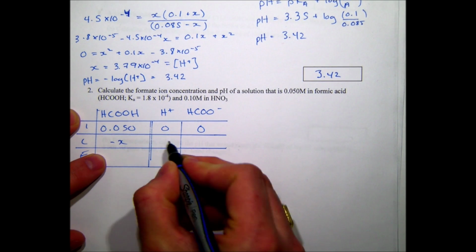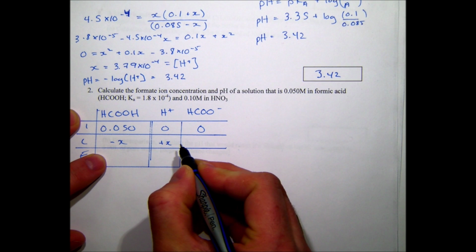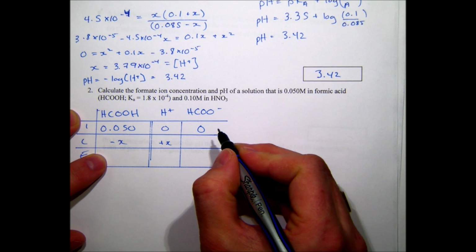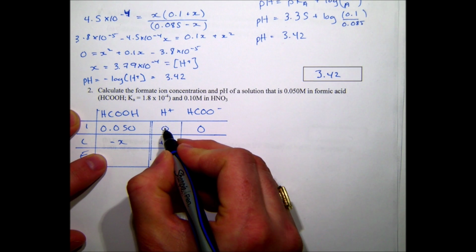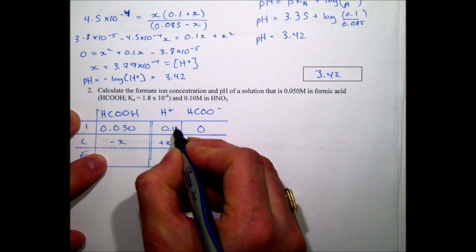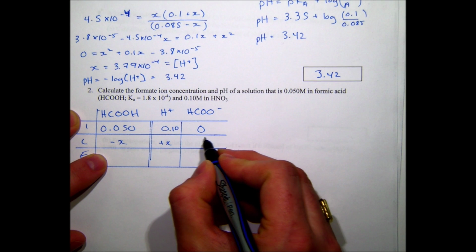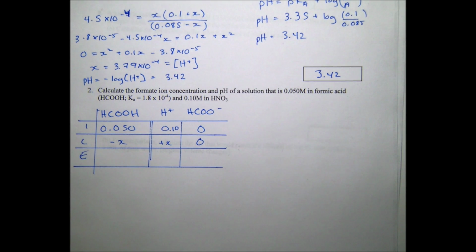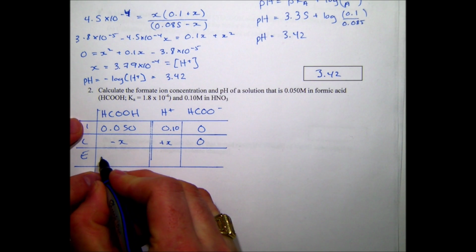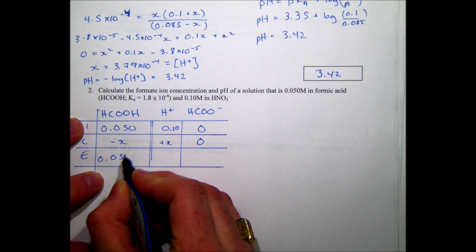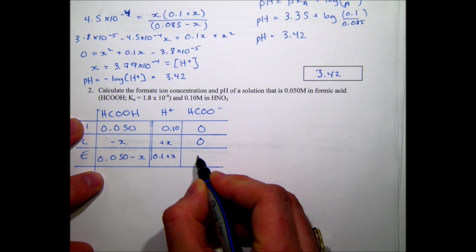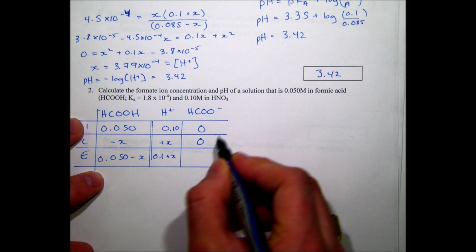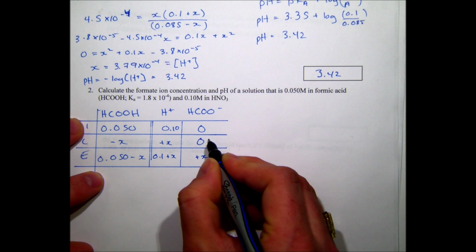0.050, 0, 0.1, minus x, plus x. Oh, this is 0.1, sorry. And 0. 0.05 minus x, 0.1 plus x. This is plus x.